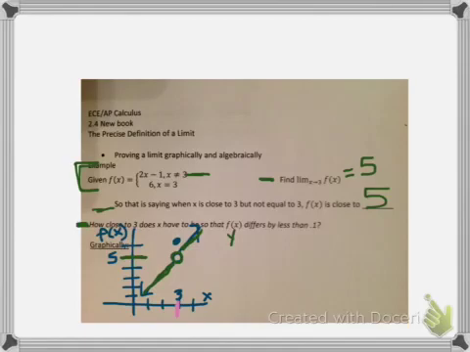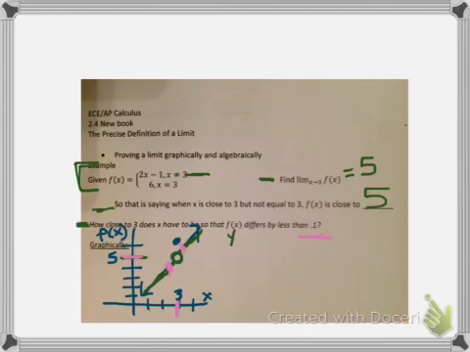Meaning, how close am I where I'm 0.1 above 5 and 0.1 below 5? If I mark with pink over here, the pink above would be at 5.1. Down here would be at 4.9 because it's saying I want to be less than 0.1.